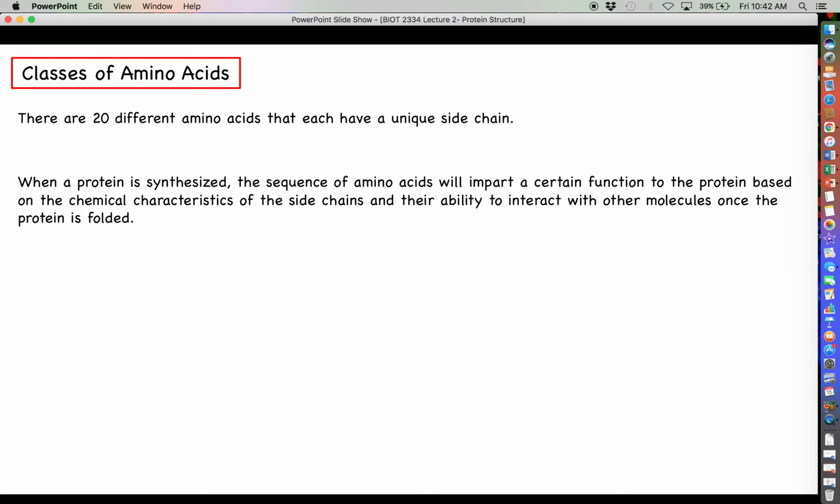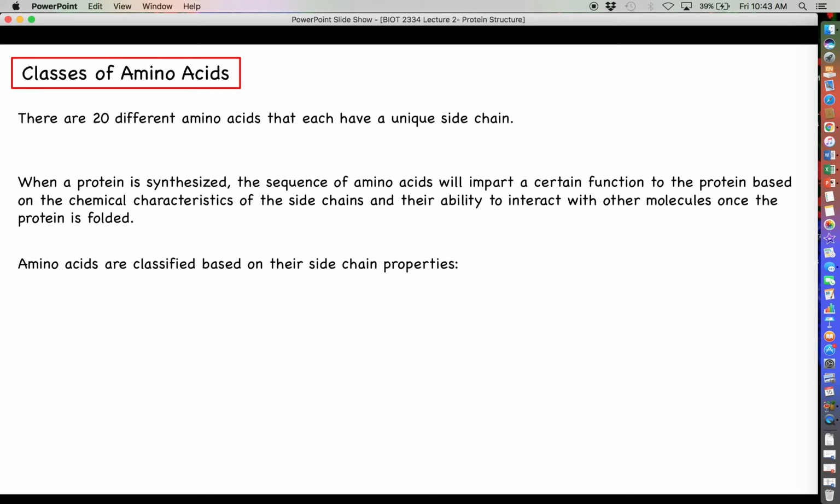So when we end up synthesizing a protein, whether it's inside the cell or in an in vitro setting, if we do it outside the cell, the sequence of amino acids in that protein, depending on which order we put the amino acids together in building the polymer, is going to impart a certain function to the protein based on the chemical characteristics of those side chains and how they like to interact with other molecules once the protein is finally folded. And we'll have a conversation on protein folding later on.